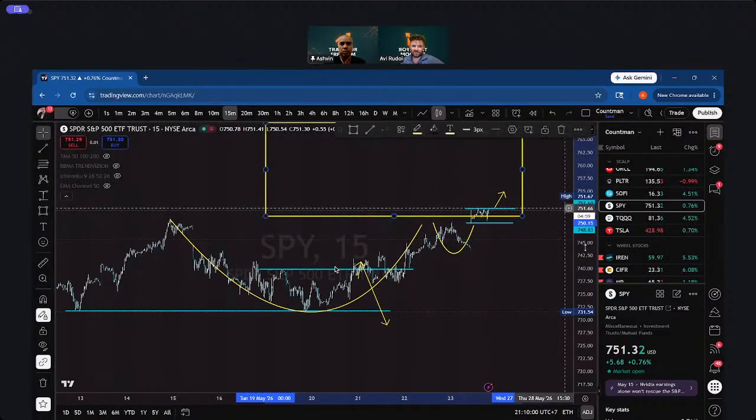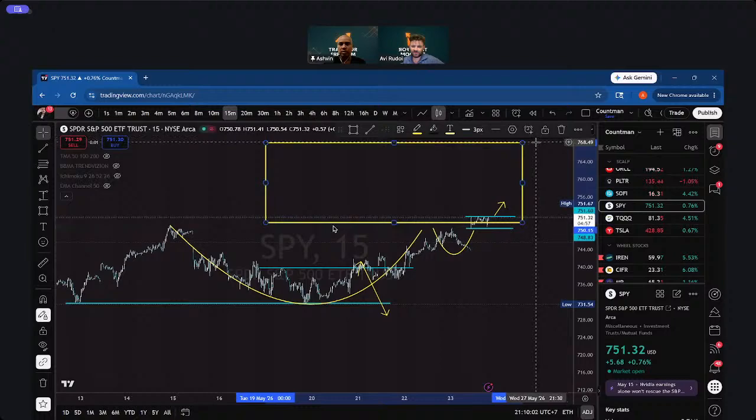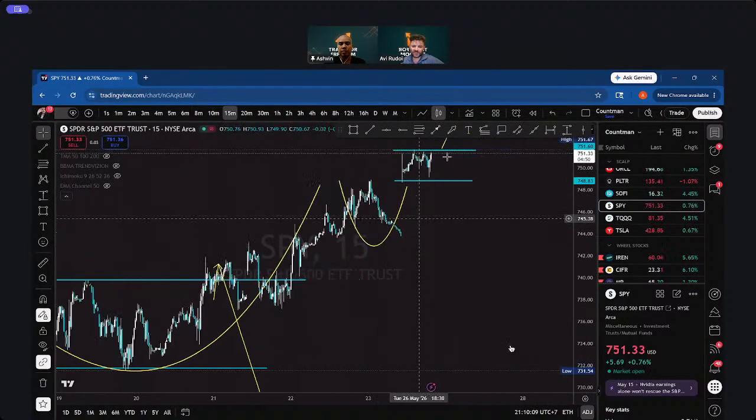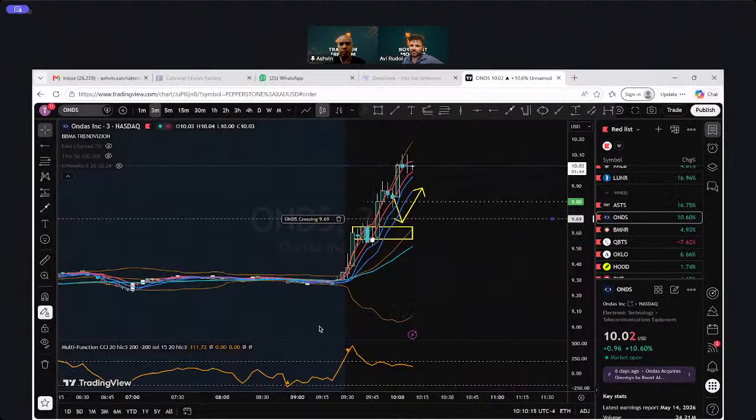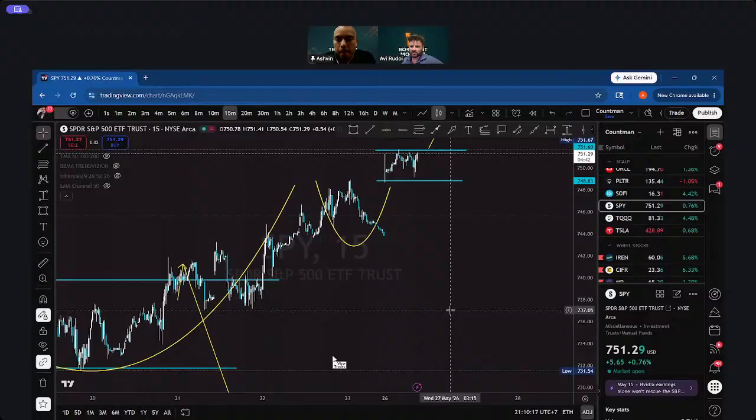So we're expecting the price to go up about 770. If it starts pushing up strong, SPY can go up to 770. So you got to see how this one plays out. So currently it's sideways. So you wouldn't really know until this. Got to see what happens now.